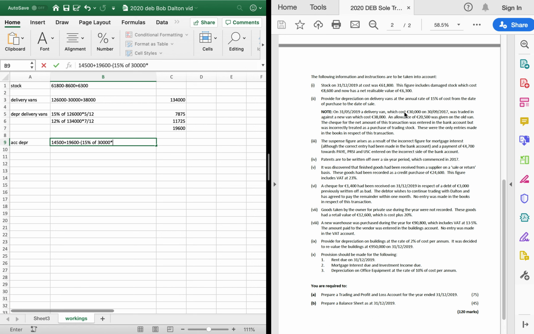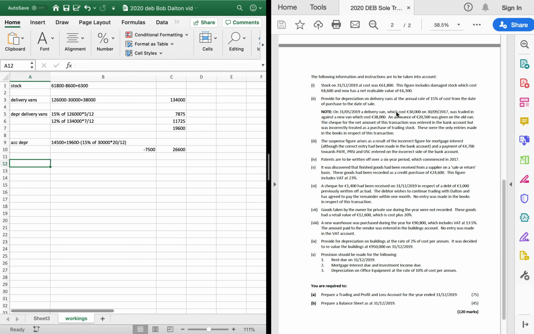And you had that for, well, not too many months actually: 10, 11, and 12 in 2017. So 3 months in 17, all of 18, and 5 months in 19. So 12 plus 3 plus 5, so that's 20/12s, 20 months. So I'll just work that out. So it's 7,500. So 14.5 minus 7.5 plus 19.6 will give you 26.6.